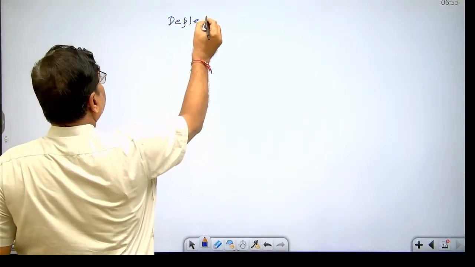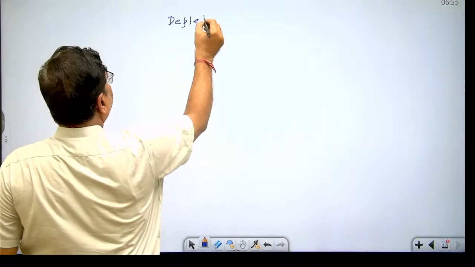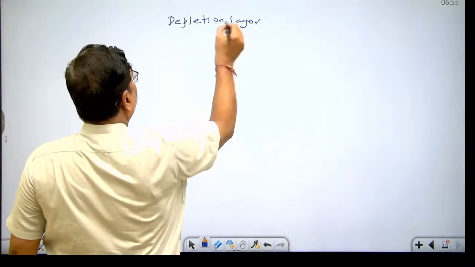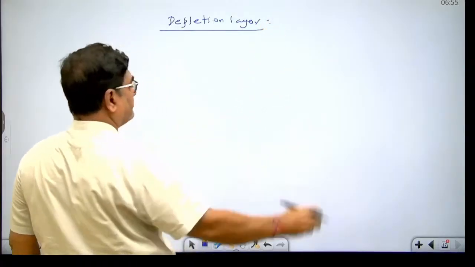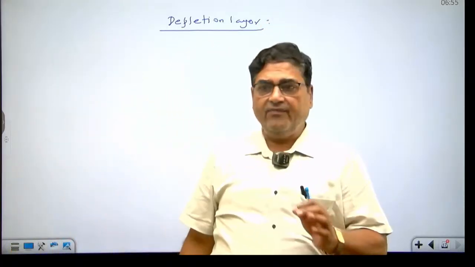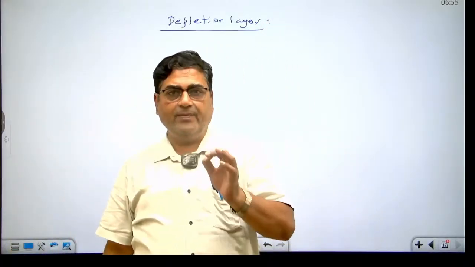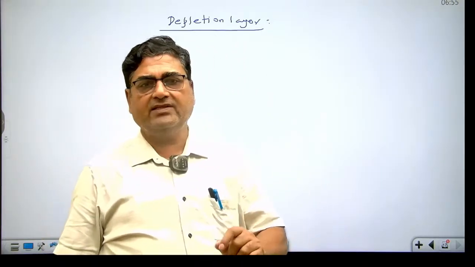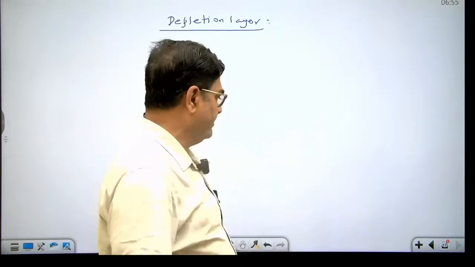What is there and what is not there in the depletion layer? It is the layer of immobile ions formed near the junction. Okay, it contains only immobile ions. It does not contain any free charge carrier.